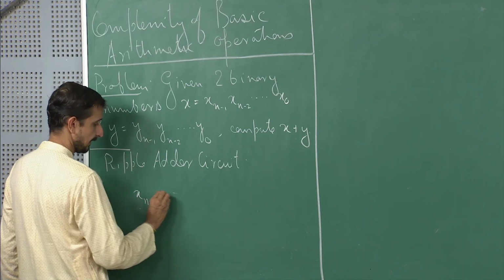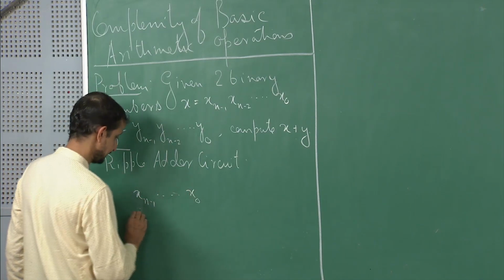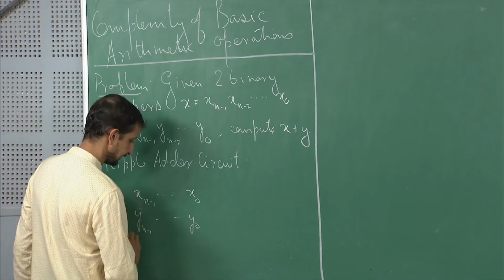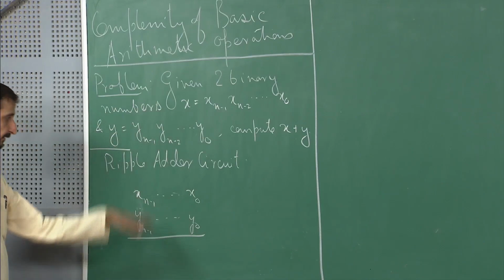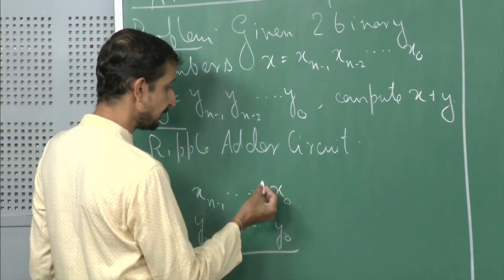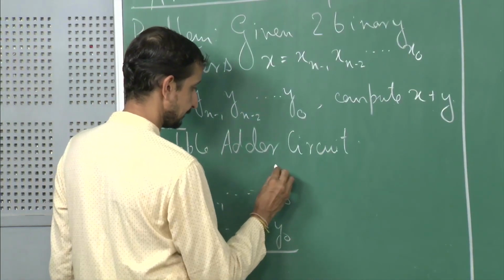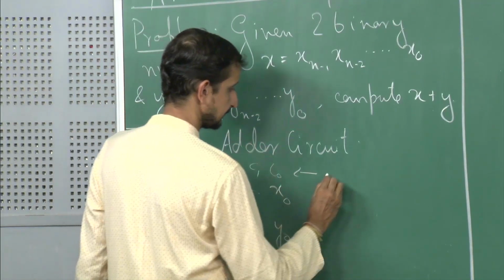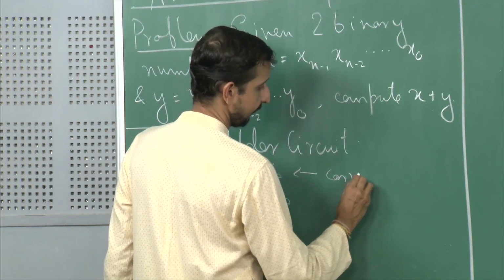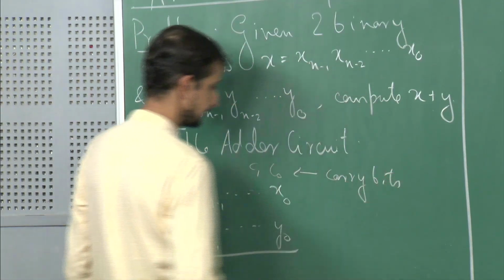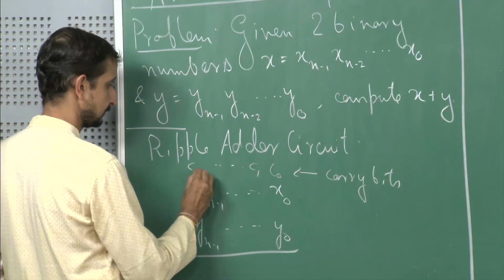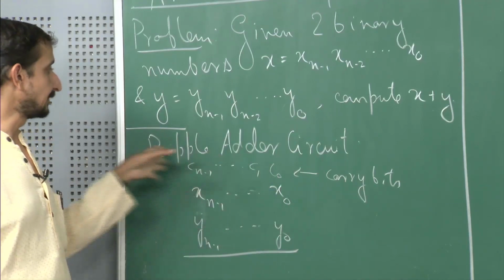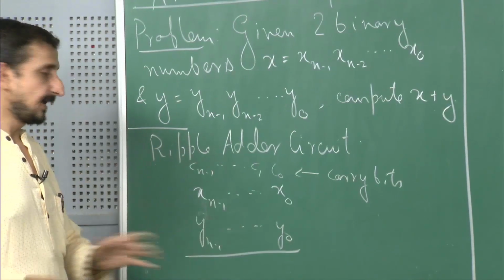So we have these two numbers x_{n-1} up to x_0 and y_{n-1} up to y_0, and if we want to sum them up, we might also have a carry bit somewhere. So let us say we have carry bits C_0, C_1, up to C_{n-1}. C_0 of course is 0, and the other bits can take values depending on x_0, y_0.